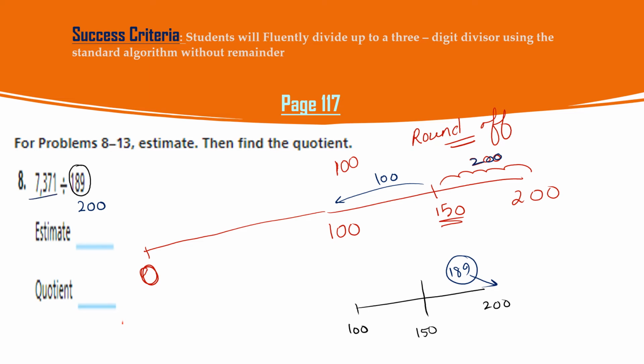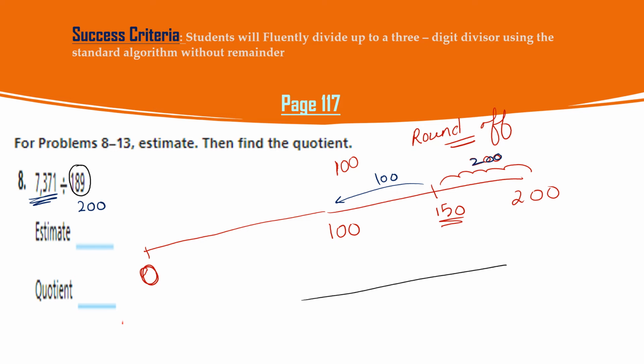And what is 7371? Let's try this one also. What is the estimate of 7371? Okay, look at this. 7371 is between 7000 and 8000, and the middle is 7500. So 7371 is on this side, so you will round off to 7000.